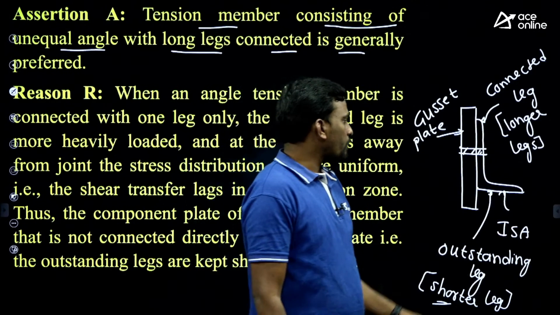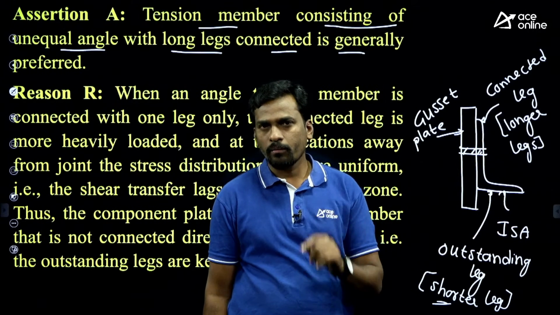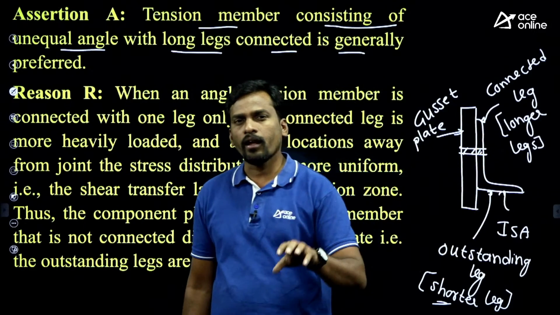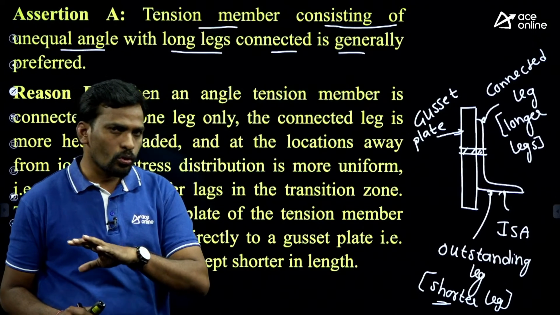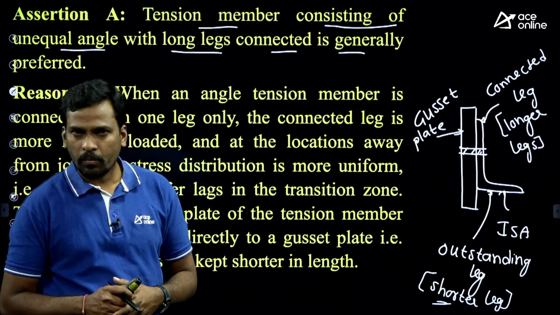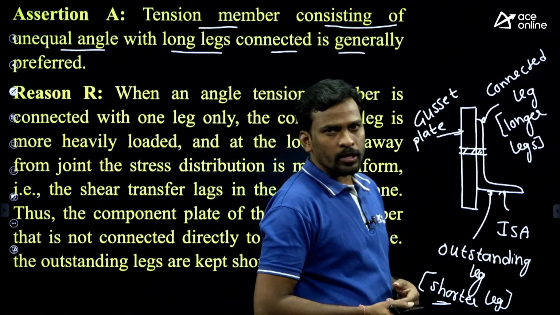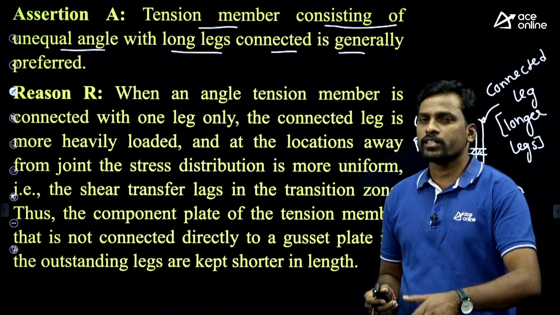Here in the connected leg, stress distribution is uniform, right? But in the outstanding leg, stress distribution is non-uniform. If the stress distribution is uniform, there is no effect of shear lag, so there is no reduction in strength of the tension member. But if the stress distribution is non-uniform, there is an effect of shear lag, and then there is a reduction in strength.